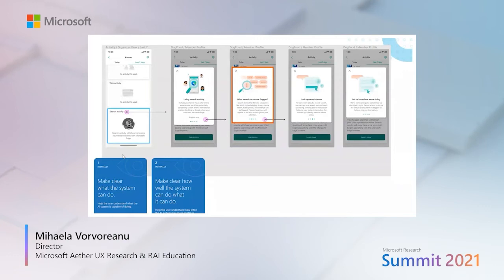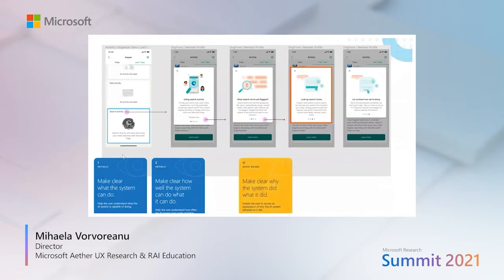If they are, for example, in categories like adult, cyberbullying, hate speech, violence, mental health. In the third tab of the carousel, the system introduces the lookup feature, which I will address a little bit later. It is also a way of implementing Guideline 11, make clear why the system did what it did.